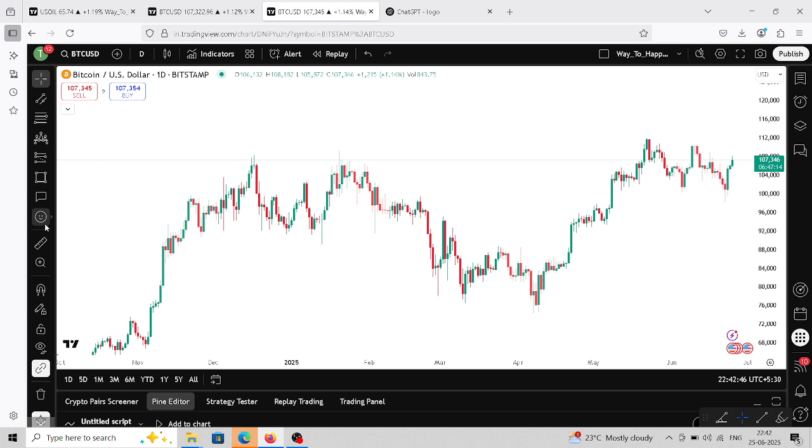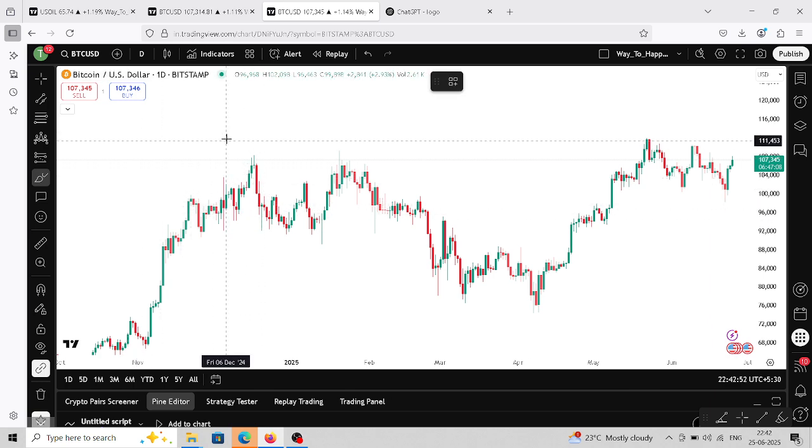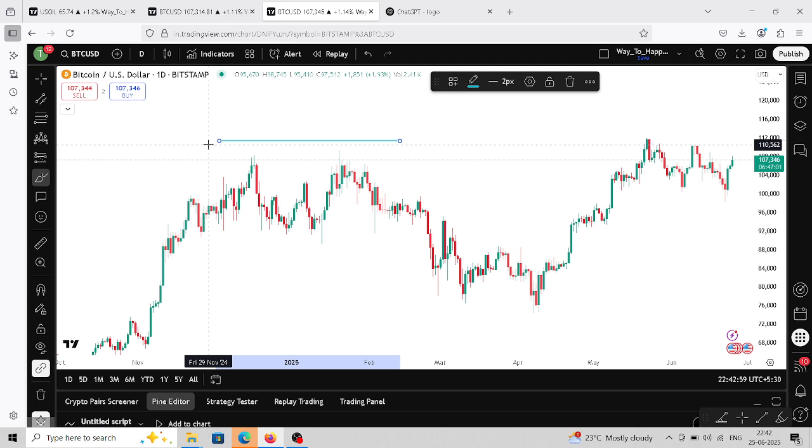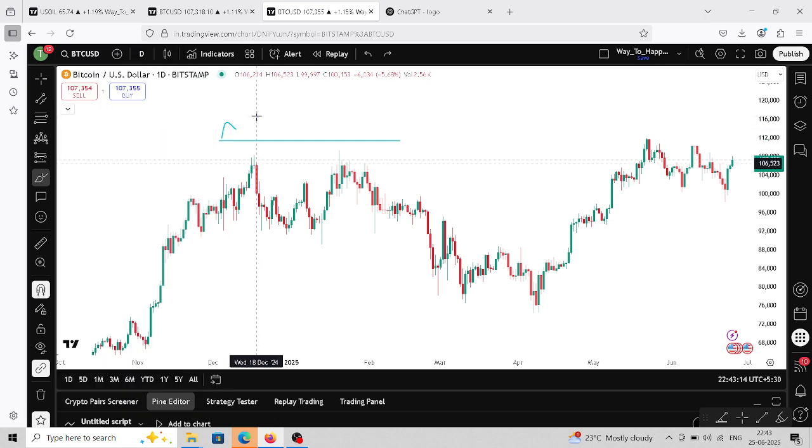Now, even before we start drawing, first let's understand what is support and what is resistance, the textbook definition. A support is a line or a group of levels where price is again and again taking support. For example, prices are going like this, and this is maybe a support level.